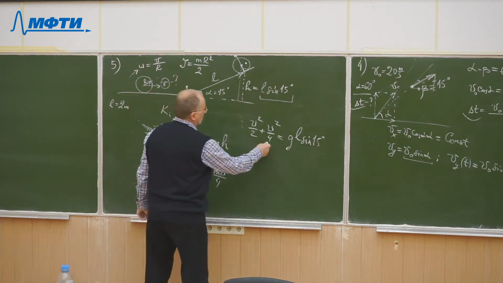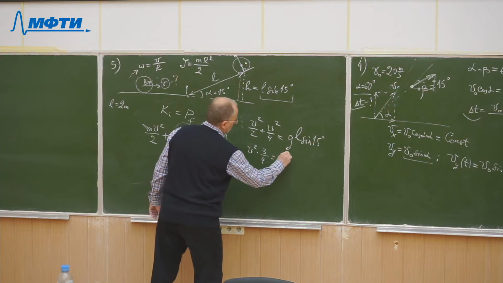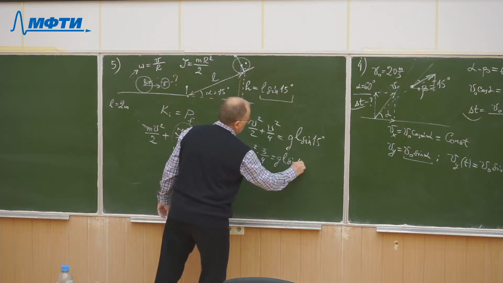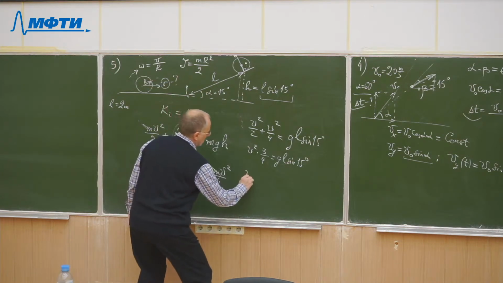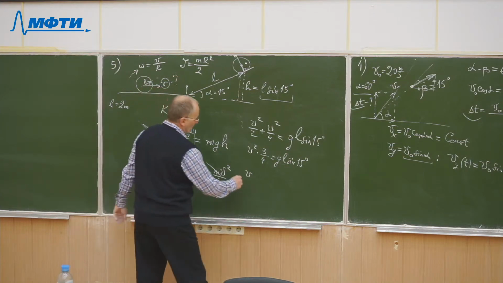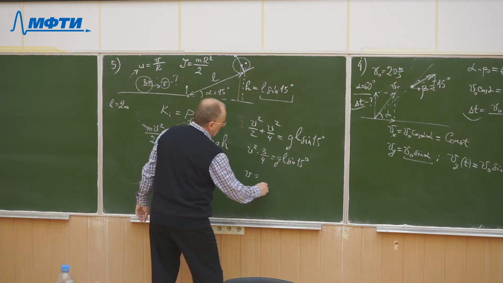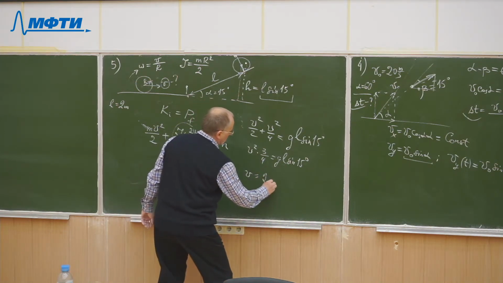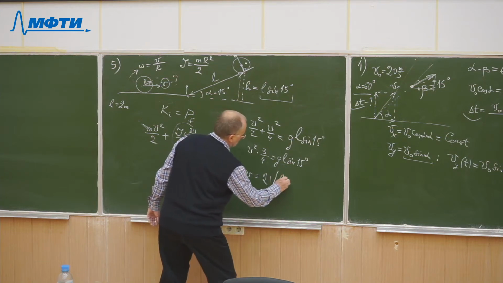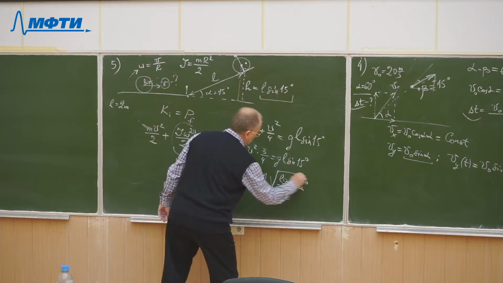So this gives us v squared multiplied by 3/4, which is g L sine alpha. So v, the velocity which we need to find, the original initial velocity of the disk center, will be from this equation 2 square root of L g sine 15 degrees over 3.